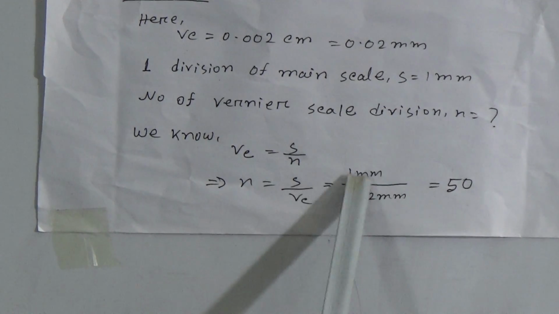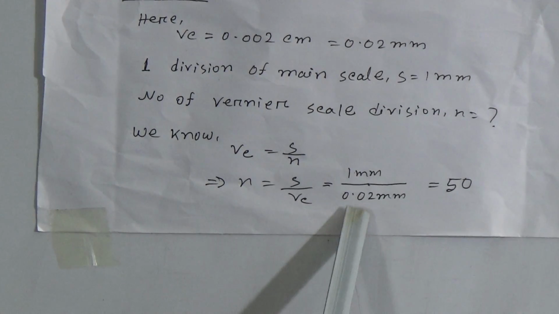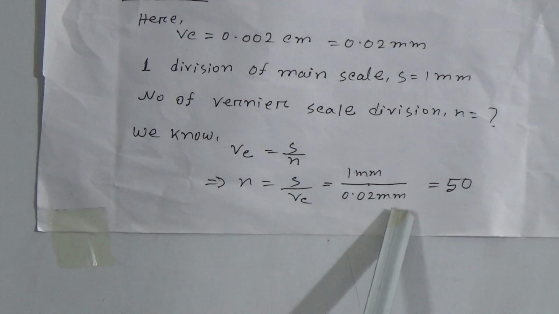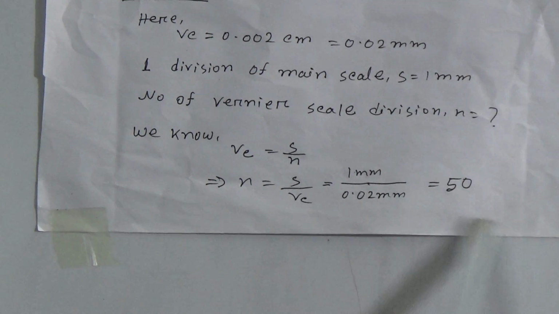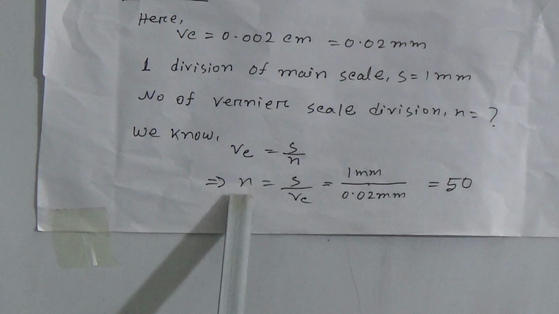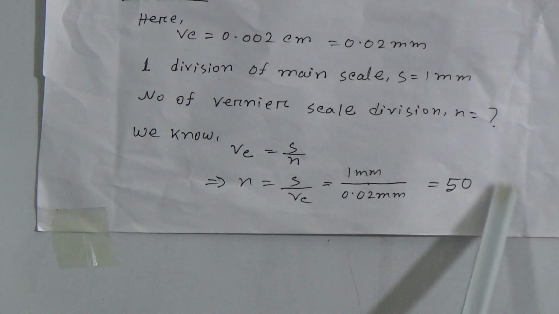Now put the value of S equal to 1 millimeter and vernier constant equal to 0.02 millimeter. After calculating this, we get 50. This is the number of vernier scale divisions.